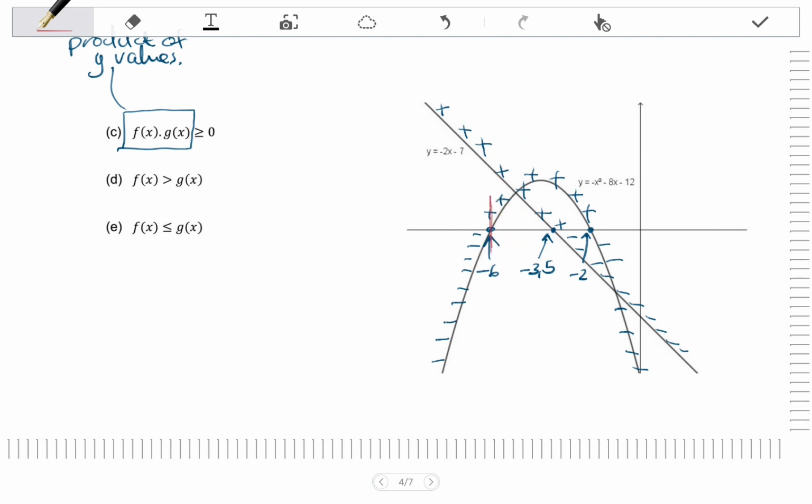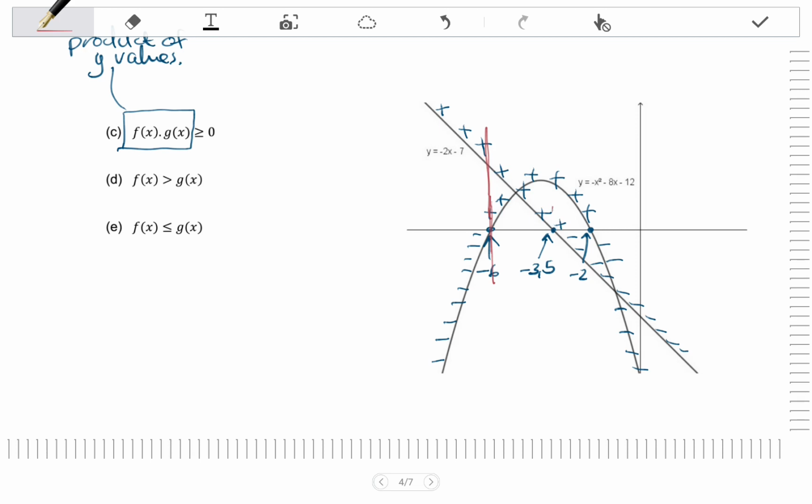At the x-intercept of the parabola, after the x-intercept of the parabola, both graphs are above the x-axis, which means that the product of the y values is a positive times a positive, which gives me a positive product. So positive times a positive, where does that change?